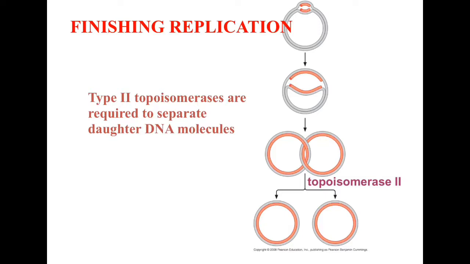In addition, DNA polymerase 1 removes the RNA primers and fills the gaps with its 5 to 3 polymerase activity, and after that the strands with breaks are sealed together by the ligase enzyme.